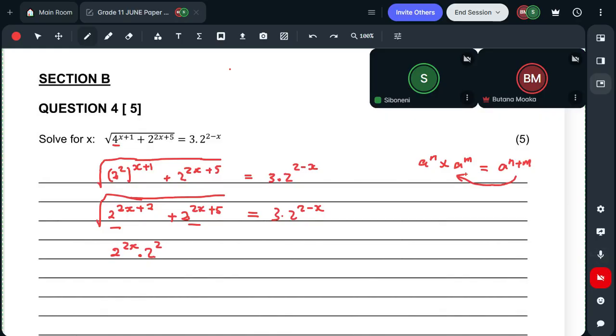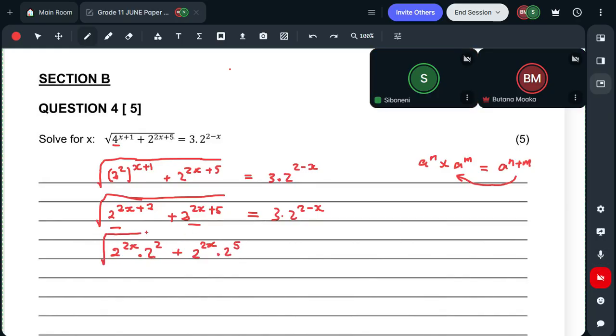Just give me a second. Okay, do you understand that part? Yes, sir. Where we reverse the exponent. Yes, sir. Okay, 100%. Then I'm going to do the same this side. This will be 2 to the 2x times 2 to the power 5.